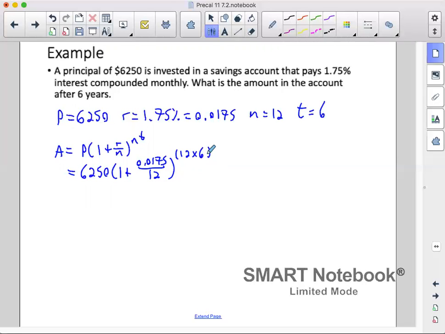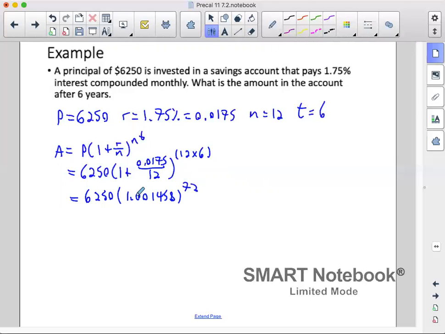So we'll go through and simplify this a bit. Calculate, we have 6,250. I would then do my 0.0175 divided by 12 plus 1, which gives me 1.001458, to the power of 12 times 6, which is 72.